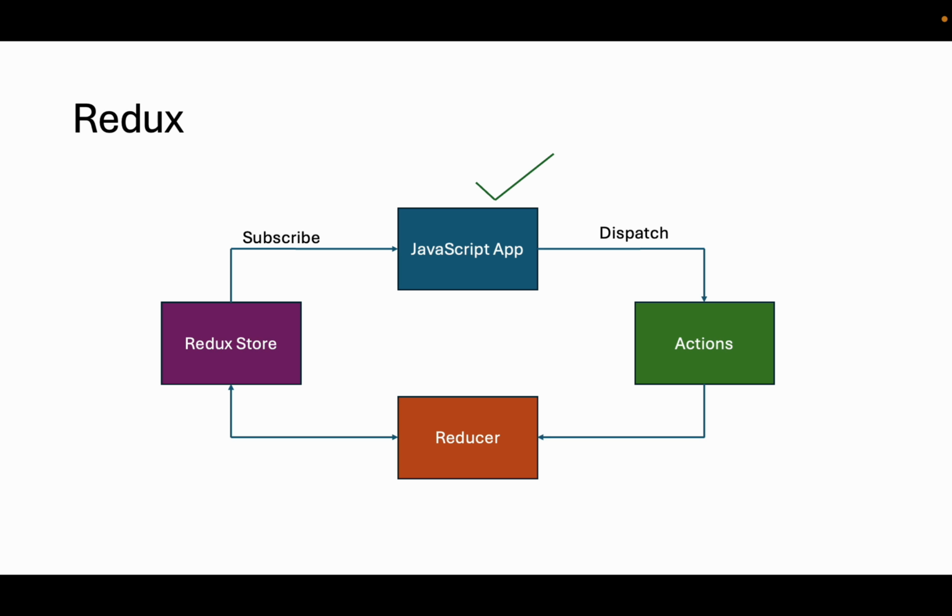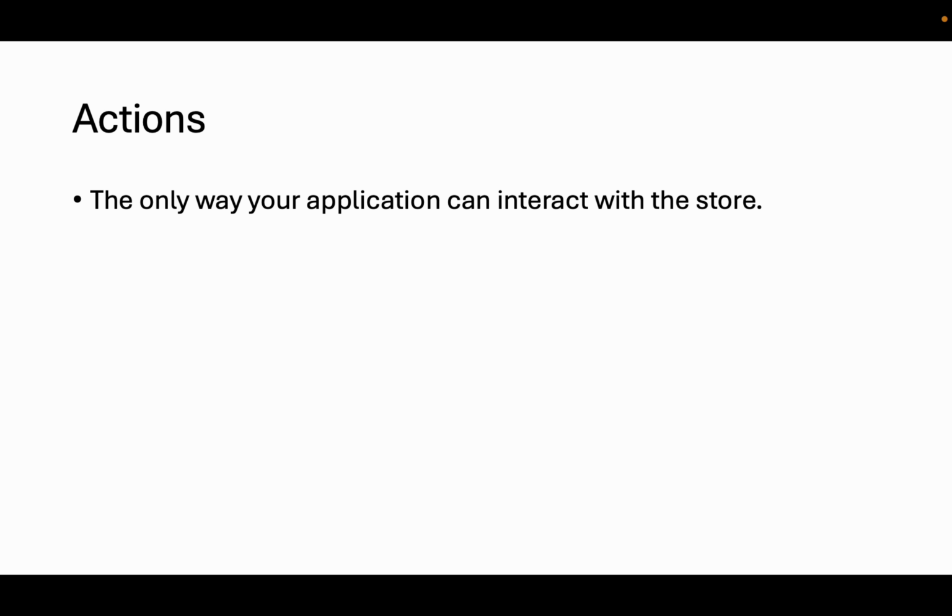So in today's tutorial, let's learn the very first thing regarding Redux with the help of JavaScript code, that is action. What is an action, actually? Actions for the Redux store are the only way your application can interact with the store, or update the state of your store.